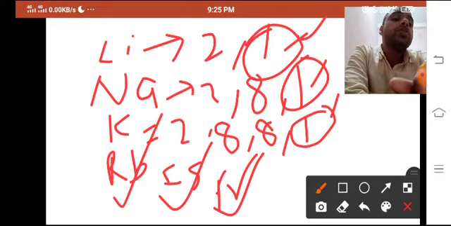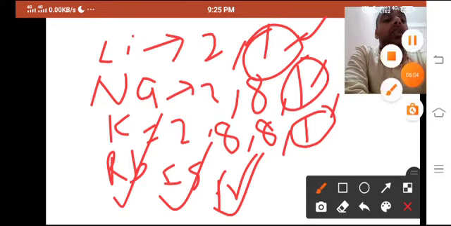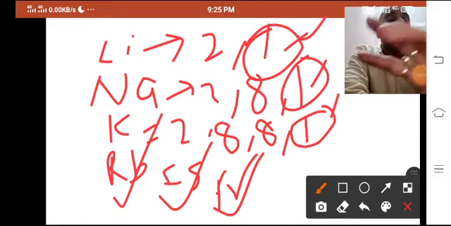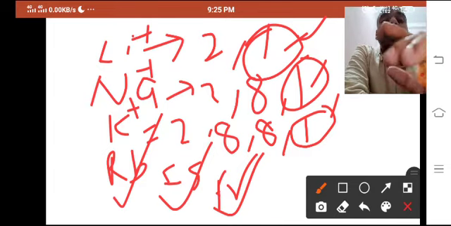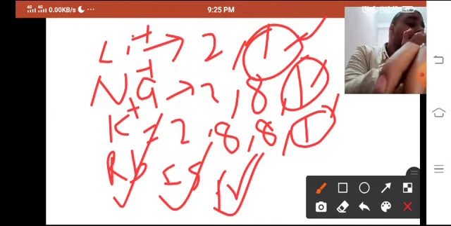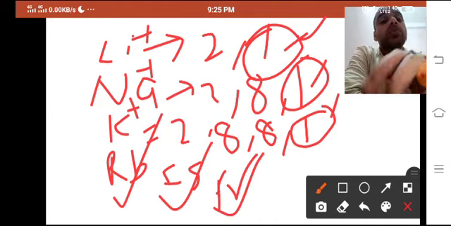So if the valence electron is the same, that means they can lose one electron. They will carry one positive charge everywhere. So it will combine with the anion and form the same type of compound. As lithium forms one, sodium will also form the same, potassium will also form the same.